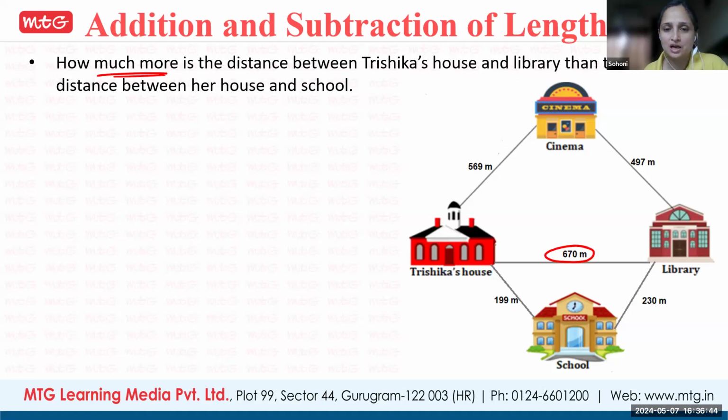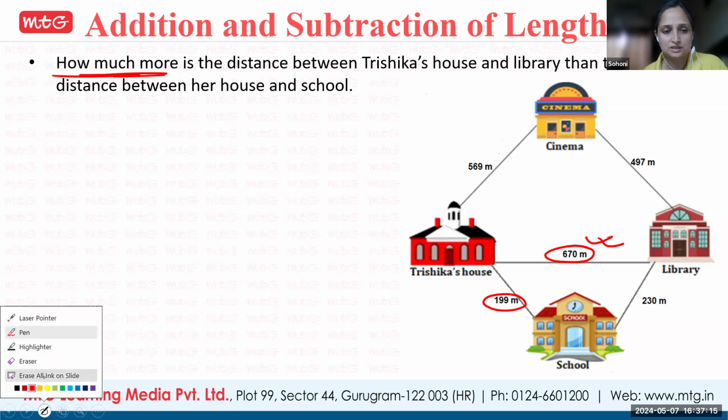Then the distance between house and school, so house and school is this. Between house and school is 199 meter. House and library is 670 meters. So this 670 meter is how much more? How will we find how much more? By subtracting. So by subtracting, we can find how much more is the distance.